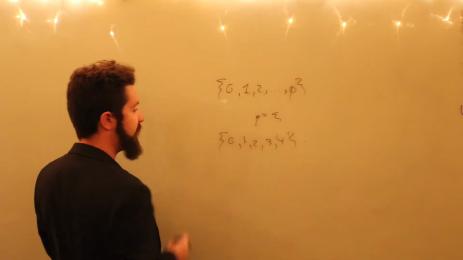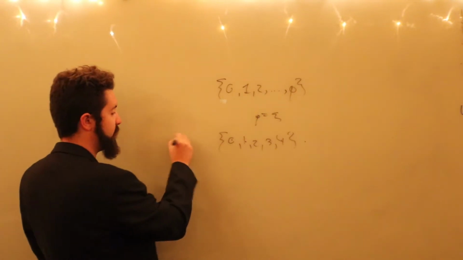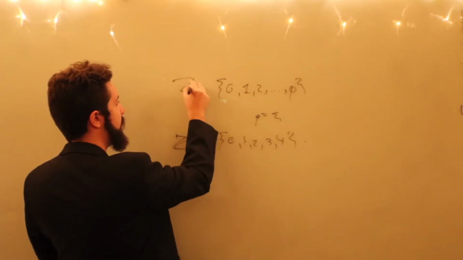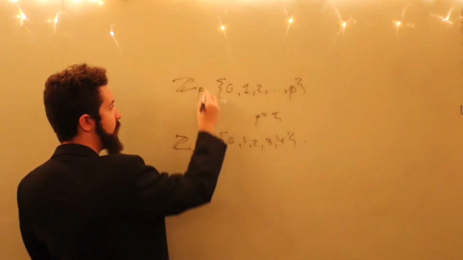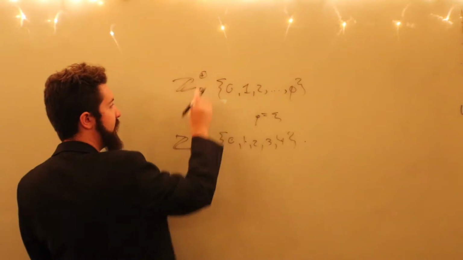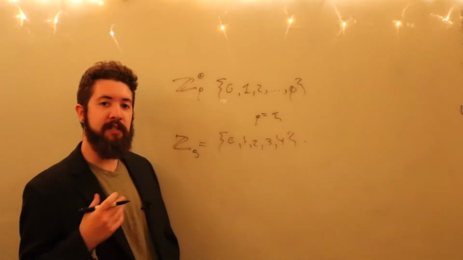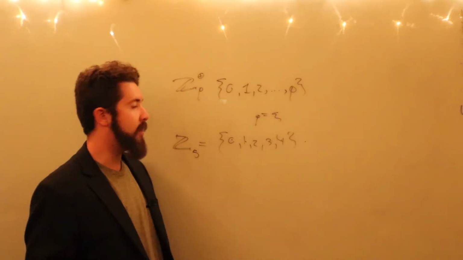And this set, in fact this group, is going to be called Z sub 5, or in general, Z sub P, where you could put a little plus sign with a circle to denote that this is addition modulo P, right? It's a group.